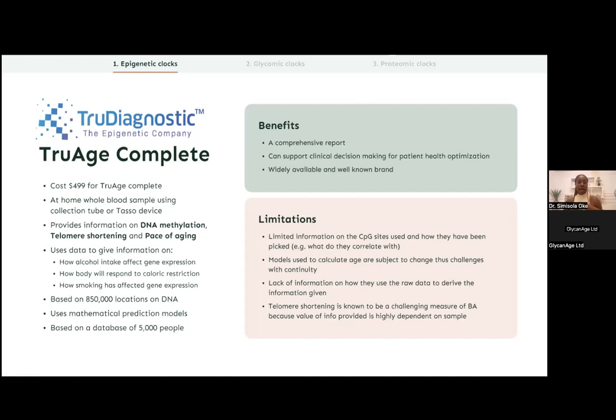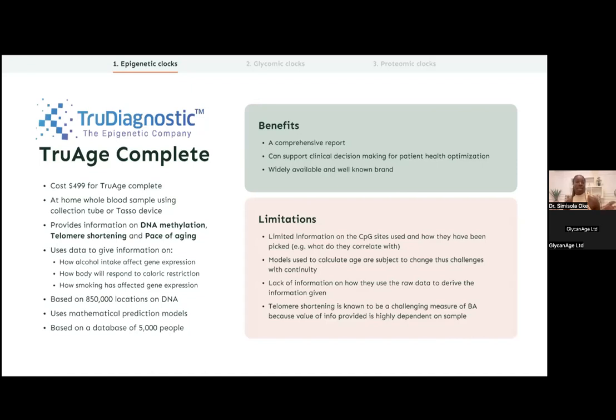In terms of how the test is done, this information was taken from their website and also from some of the research papers that they have on their website. It's based on 850,000 locations on the DNA. Now, I searched and I couldn't understand exactly what that means. We spoke about these CpG islands that we know epigenetics is focused on, but when you say 850,000 locations on the DNA, I'm not sure exactly what that means.